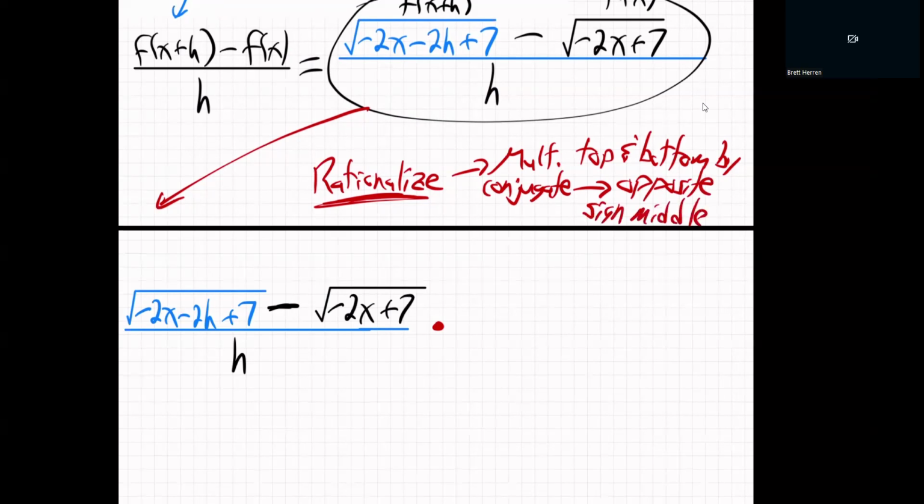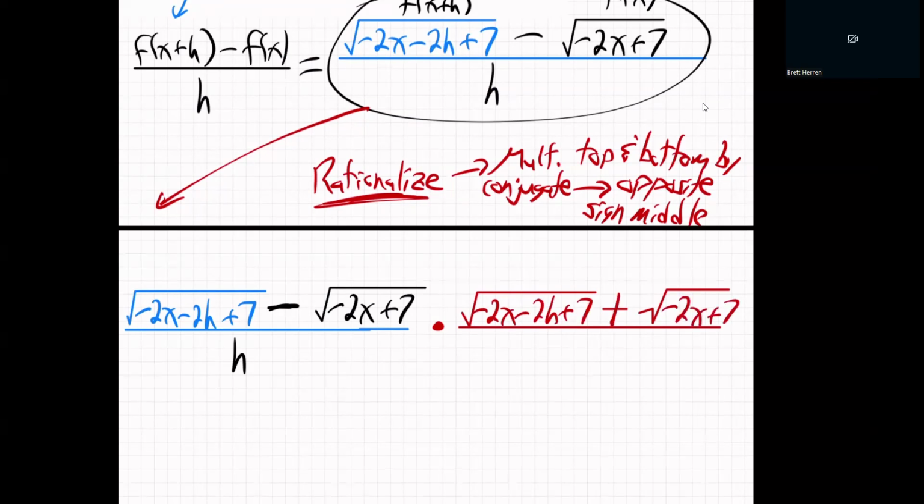So I'm going to multiply by basically the same thing we have there, meaning the square root of minus 2x minus 2h plus 7, plus the square root of minus 2x plus 7, but plus.